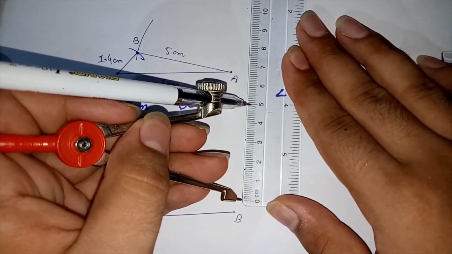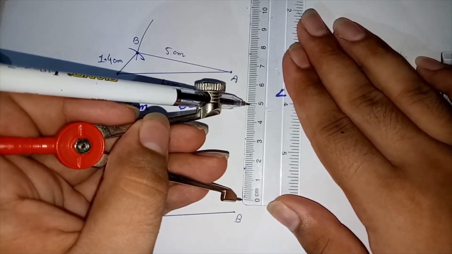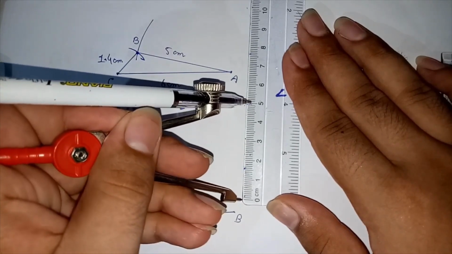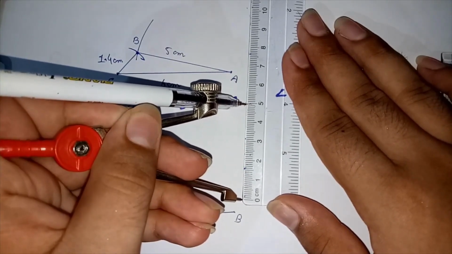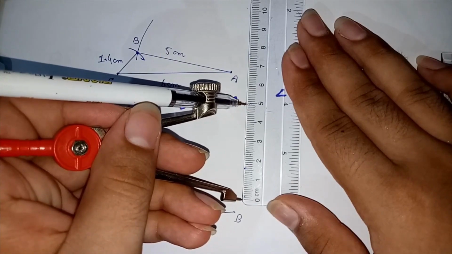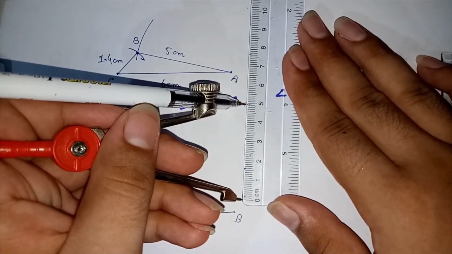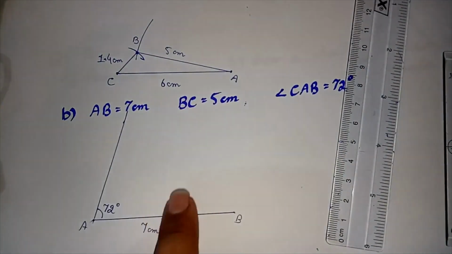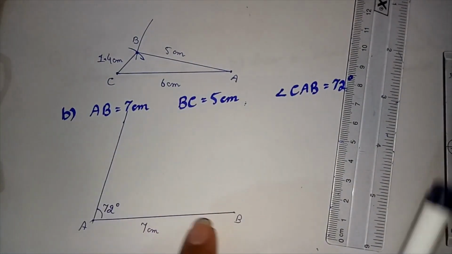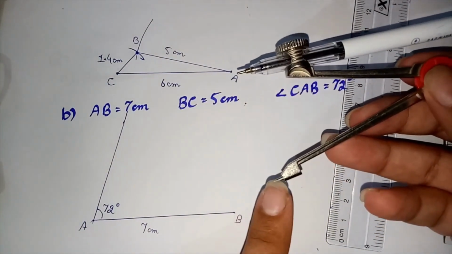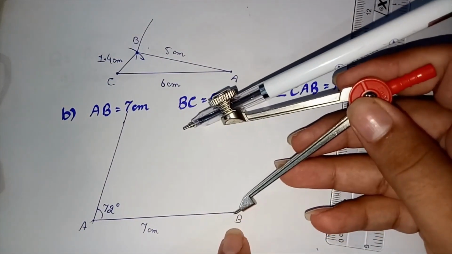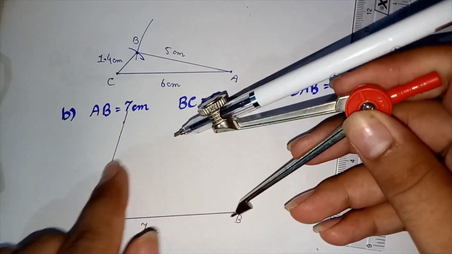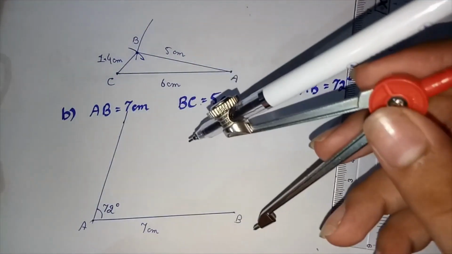Okay, so we have 5 centimeters. Yes, now this is accurate. Okay, clear? So here we have BC. It means that we will put this point of the compass on B, and our point C will lie somewhere on this one.